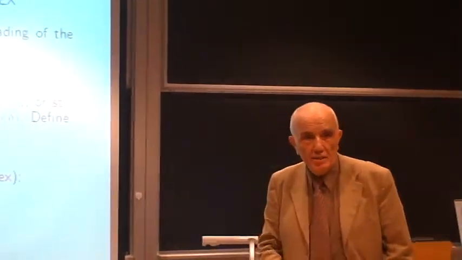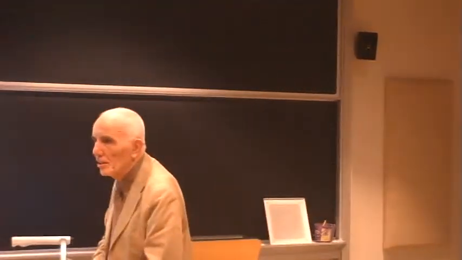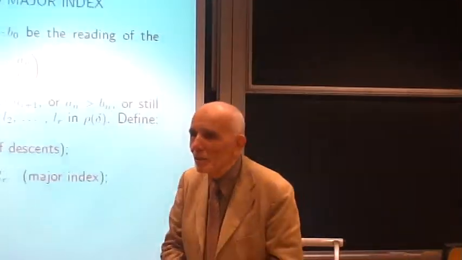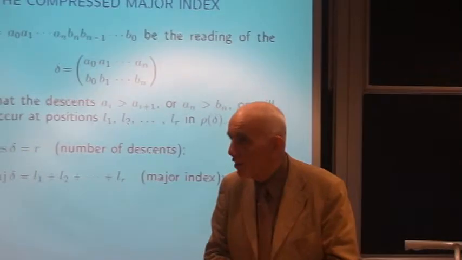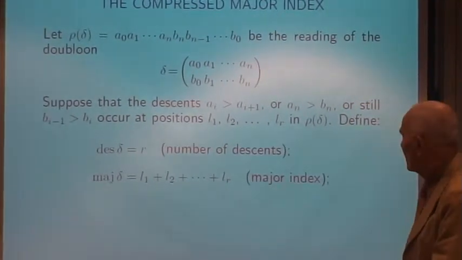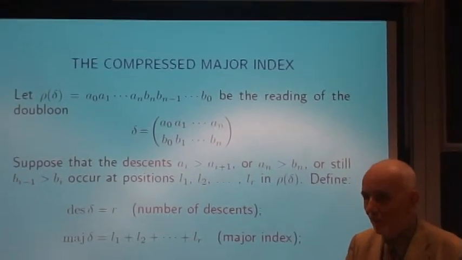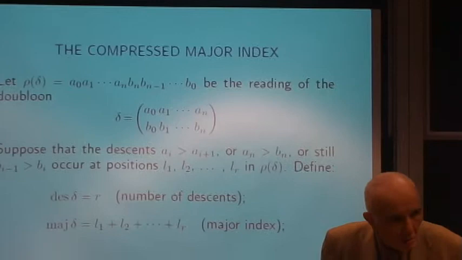The major would be this. So this is very classical. It goes back to MacMahon, to 100 years ago. And this is a good Q analog maker, let's put it this way. But this is not the right form.